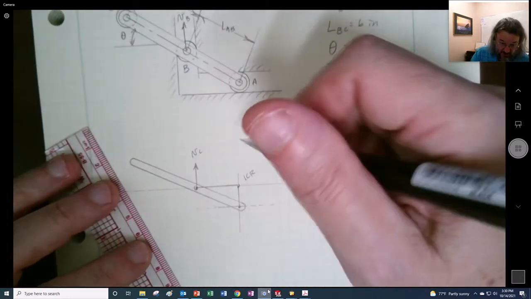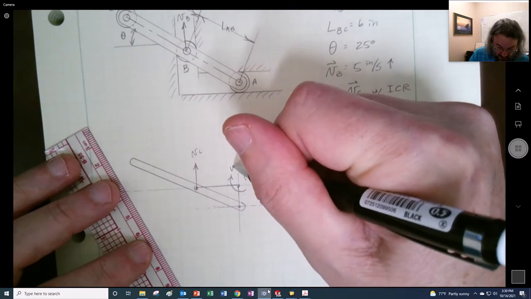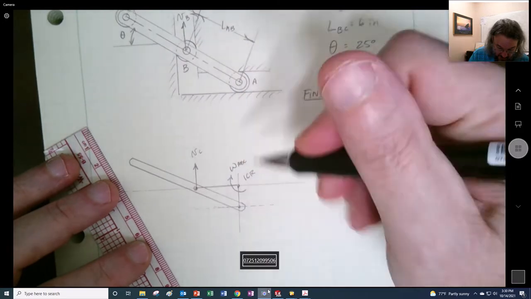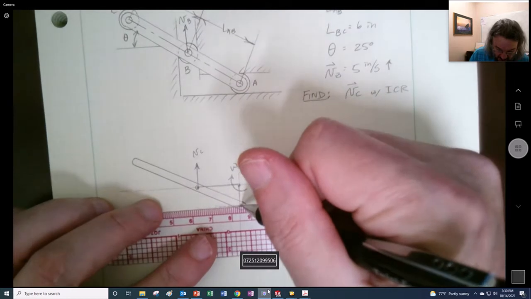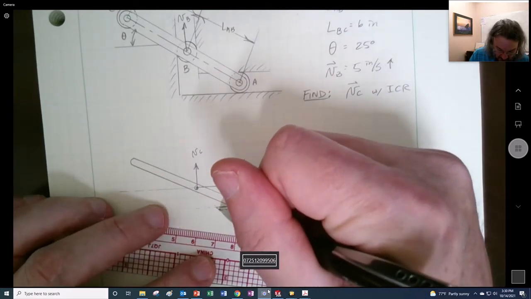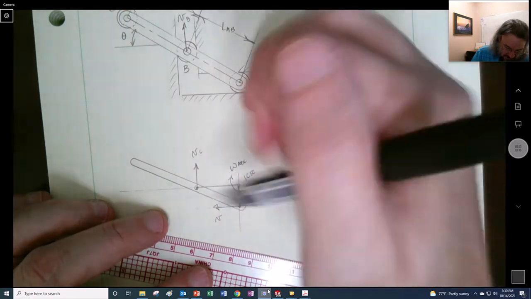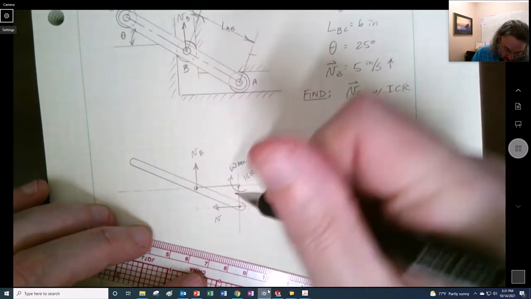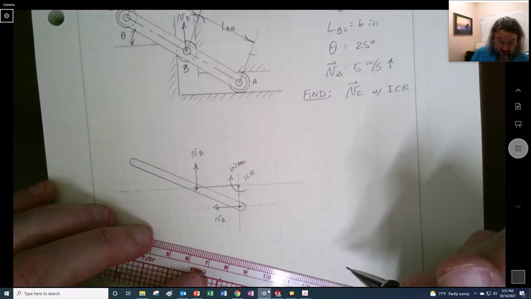Looking at this, it's obvious that it must be rotating this way. So we could say that omega ABC is rotating right around there. If that's the case, that must mean that the velocity of A, I said velocity of C, that should be velocity of B, whoops. The velocity of A is going to go in that direction right there.